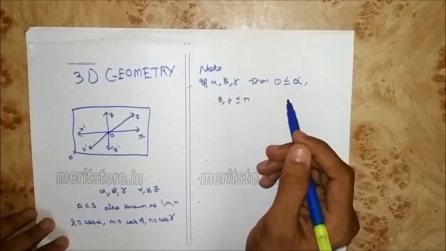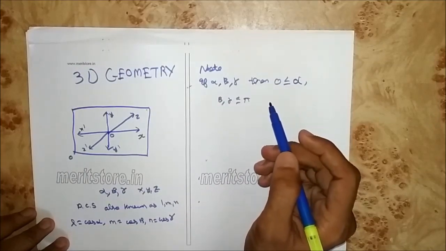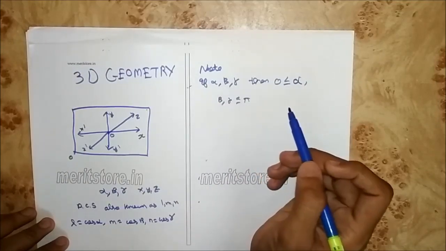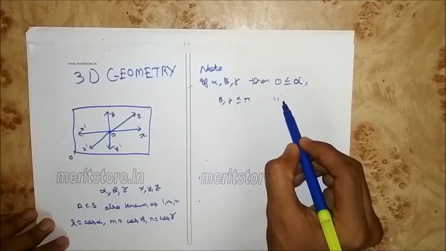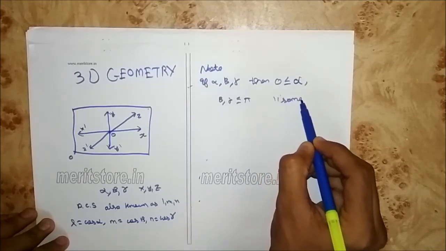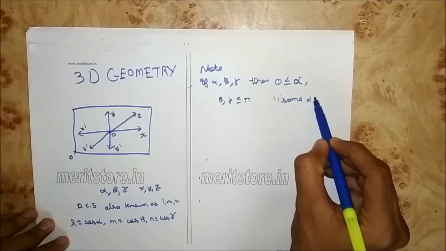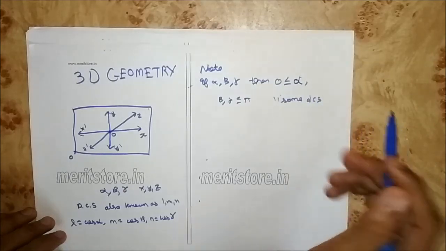A directed vector has unique direction cosines. Parallel lines have the same direction cosines. So we need to know that parallel lines have the same direction cosines. That is DCs, as we have discussed earlier.